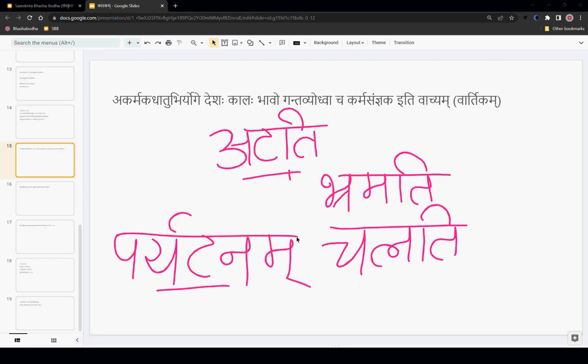But when you use a word like udyana, chhatrah udyane brahmati, that could be put in the Dvitiya vibhakti also with karma vivaksha, udyanam brahmati.